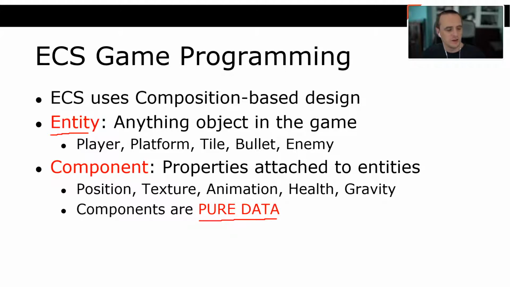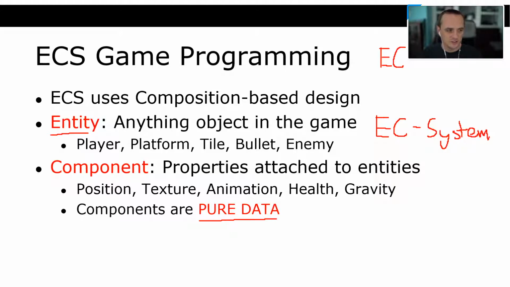Okay, so I want to make this distinction again. I went over this in the first lecture as well. If you look up ECS online, more than likely what you'll find is an EC system.